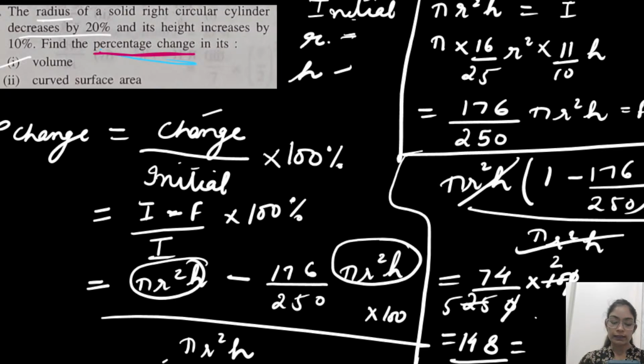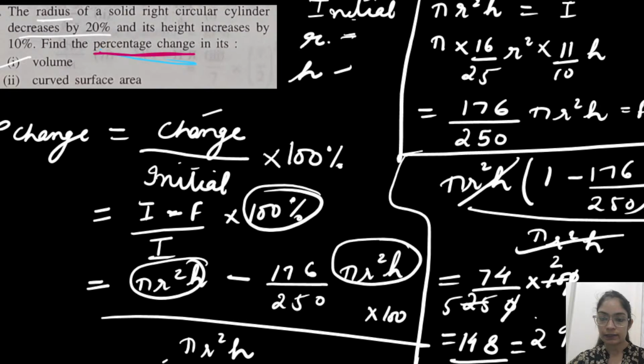Aditya, we have to multiply. See, from the starting we are multiplying with 100% also. So this answer will be 29.6%. So that negative will not come. So change, whenever we write, we write in a positive way only.